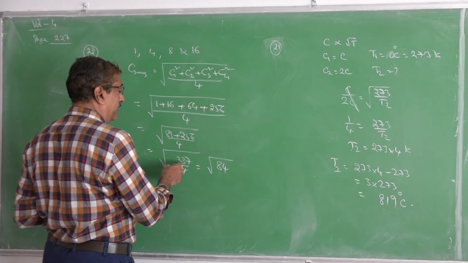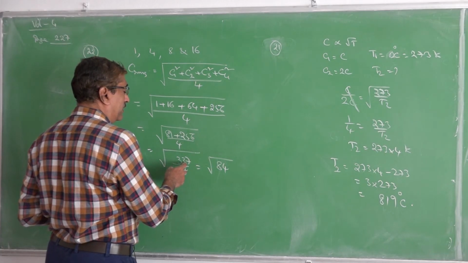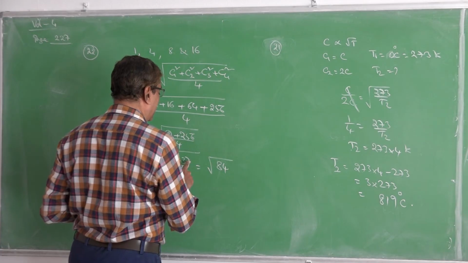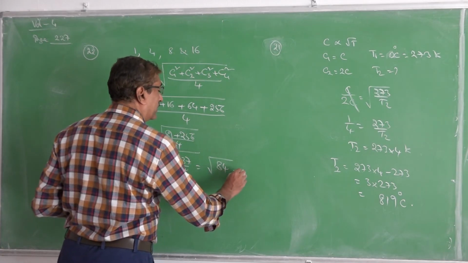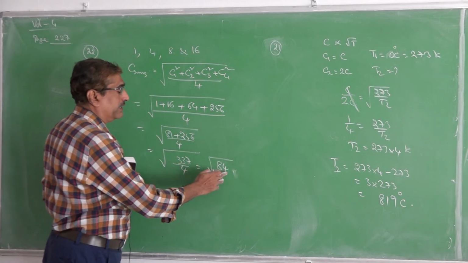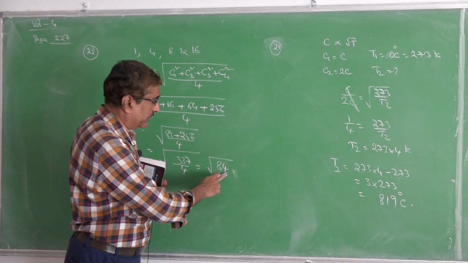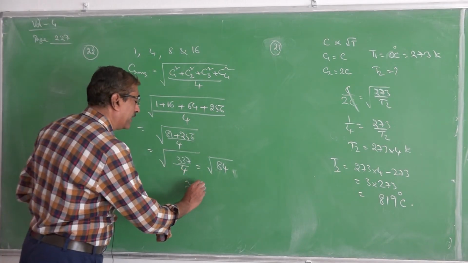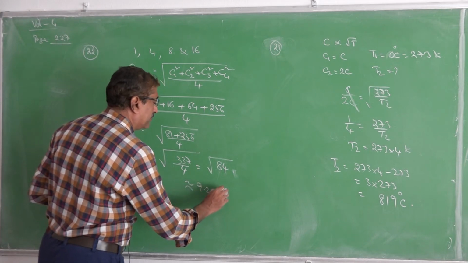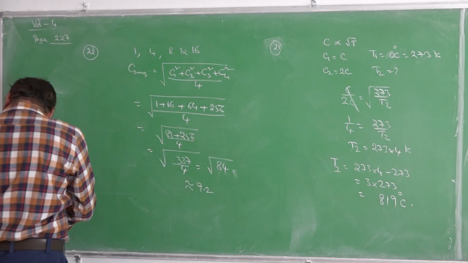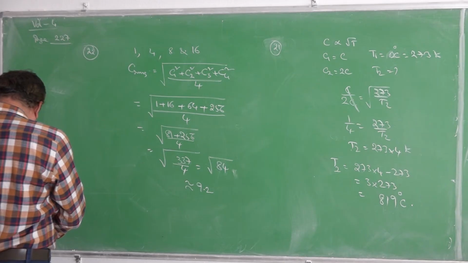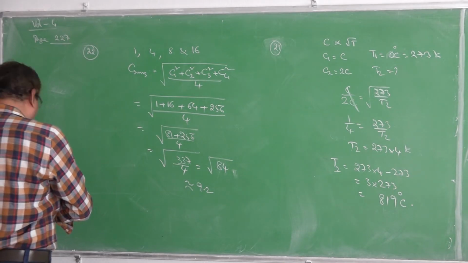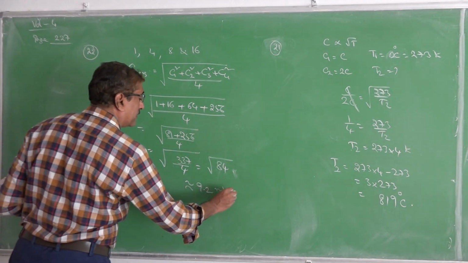That means it is greater than 81, greater than root 81. That means approximately the answer is 9 point something. Meter or kilometer? Meter per second.